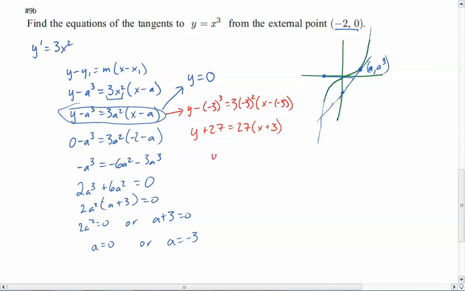And so that will end up being y equals 27x, and then 27 times 3 minus 27 will be plus 54. There's our two equations. One is y equals 27x plus 54, which should be the tangent at x equals -3. And then you've got y equals 0, which will be the tangent at x equals 0. And so there you go, there's your two answers for this problem.